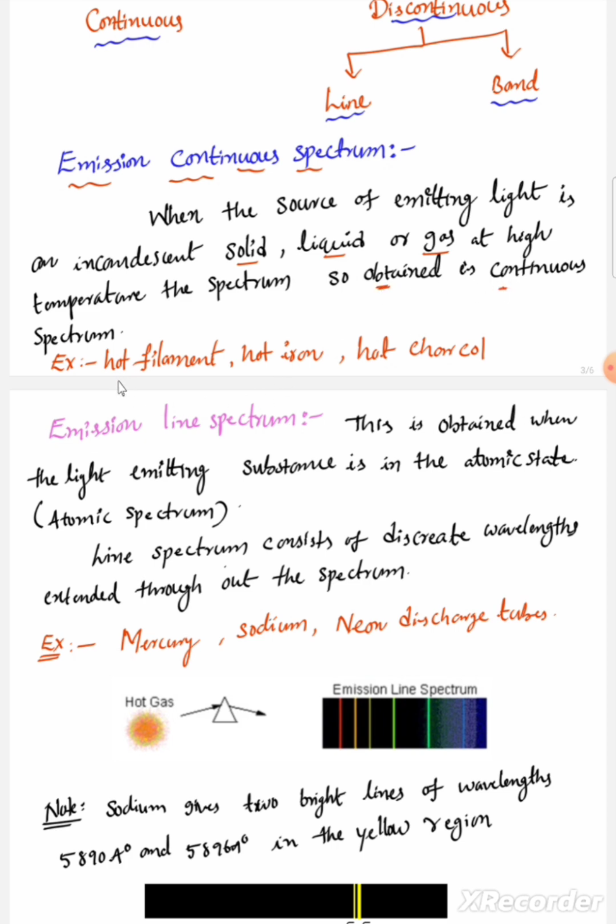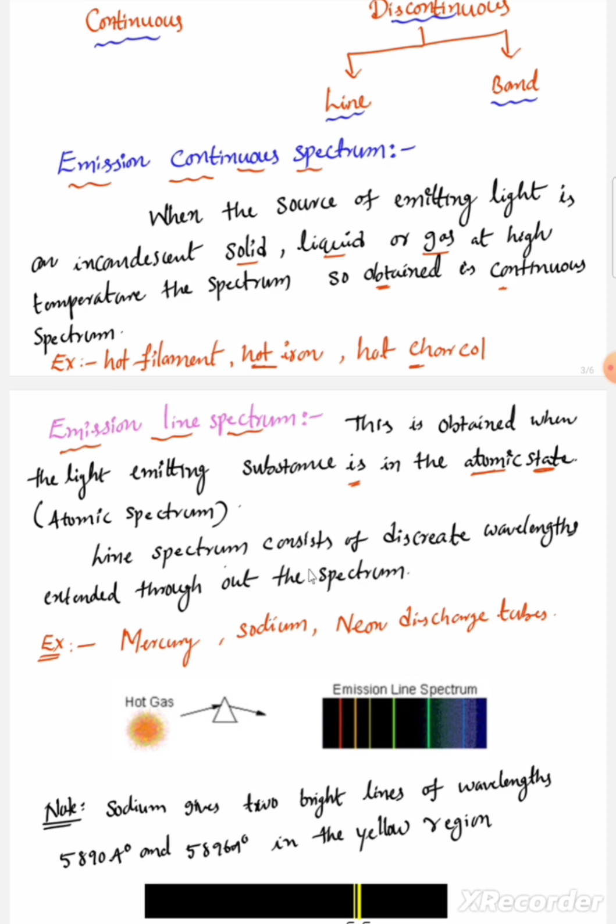For example, a hot filament, hot iron, hot charcoal. These give continuous radiation, and we get the continuous emission spectrum. Next, the emission line spectrum. This is obtained when the light-emitting substance is in the atomic state.